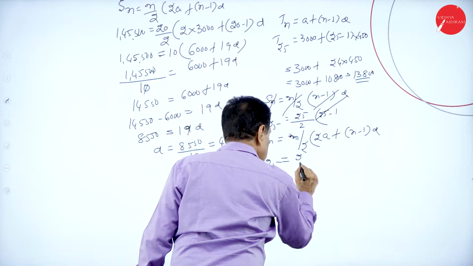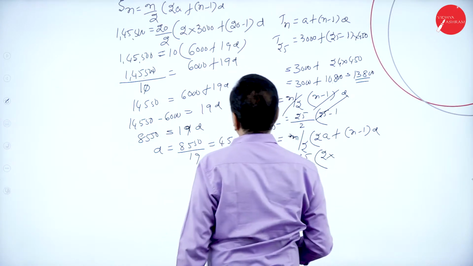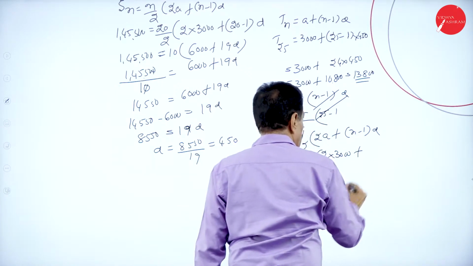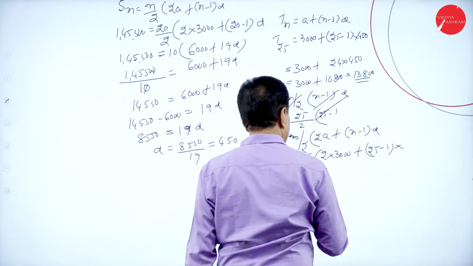So 25 by 2 into 2 into, what's your base number? 3000, plus 25 minus 1, and your difference is 450.